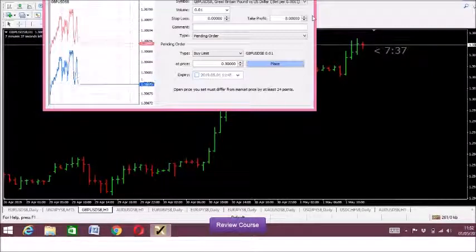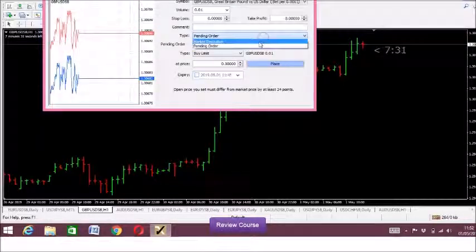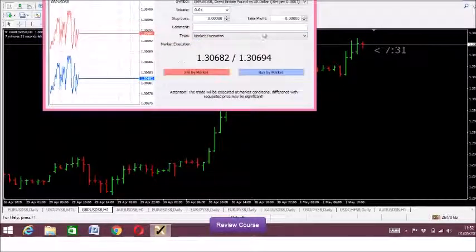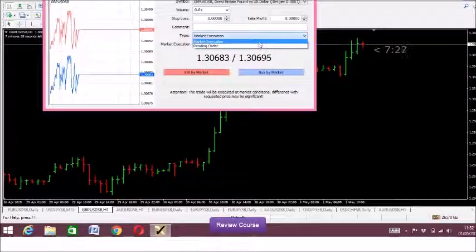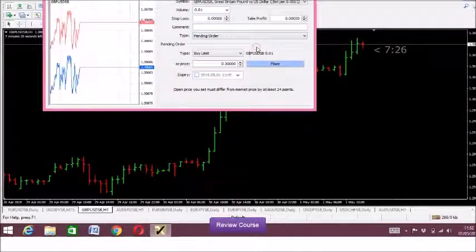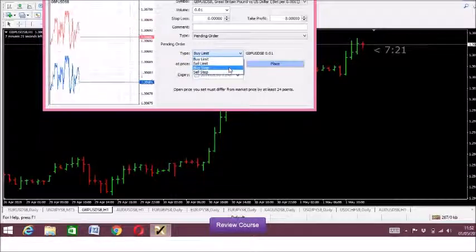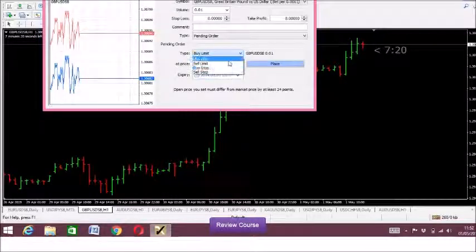It's a profit you want to take at that level. We have market execution, where you want to execute at the current price. Pending orders are of two types. One is buy stop, which is the worst price, and buy limit is the best price you want to get at the market.